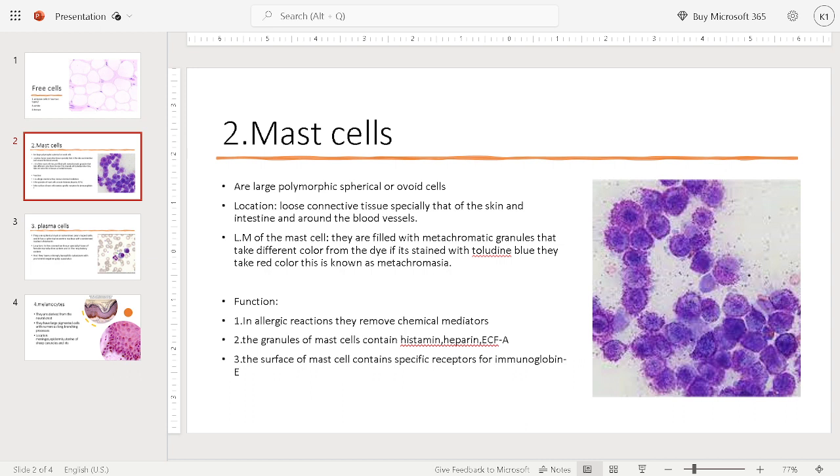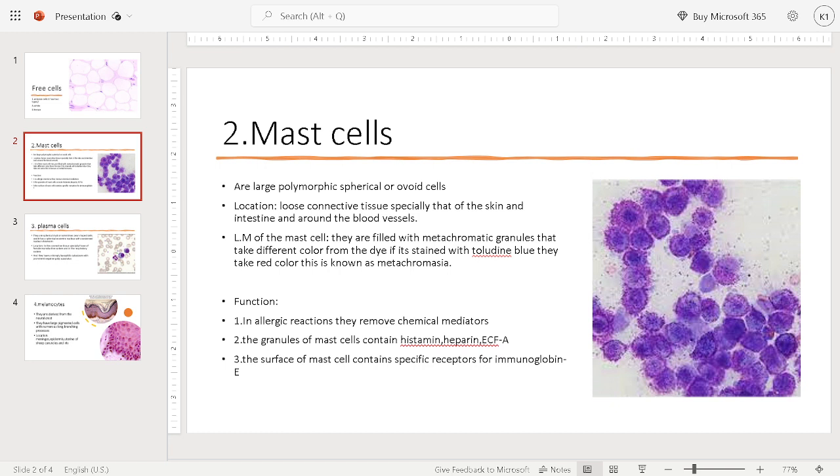This is known as metachromasia. What is metachromasia? For example, you stain with toluidine blue, which is blue, but they appear in another color opposite to the dye, for example red. So this is called metachromasia.